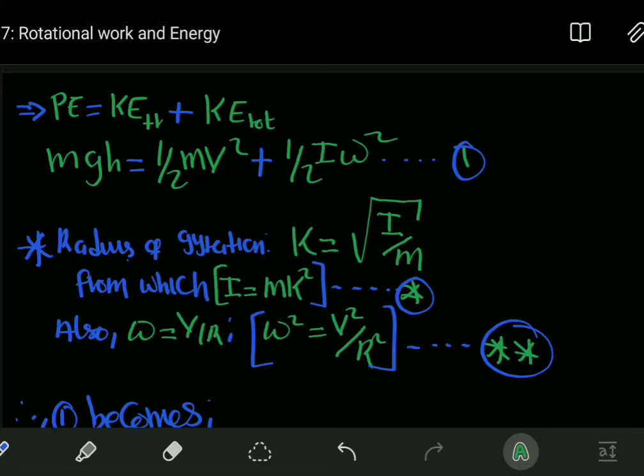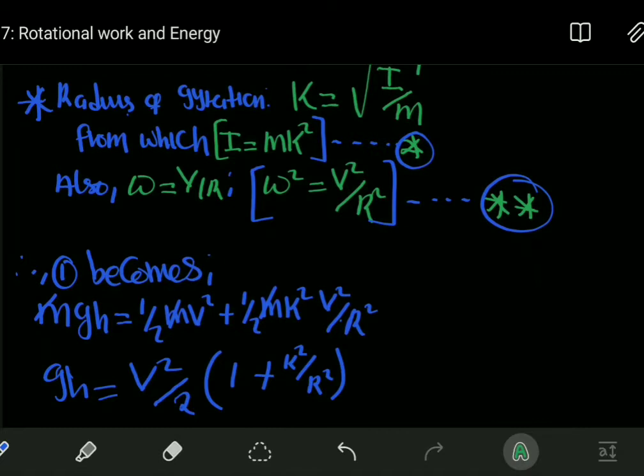Yes, so if we substitute equation star and equation double star into equation 1, we are going to have our equation 1 as mgh equals half mv squared plus half I times omega squared.